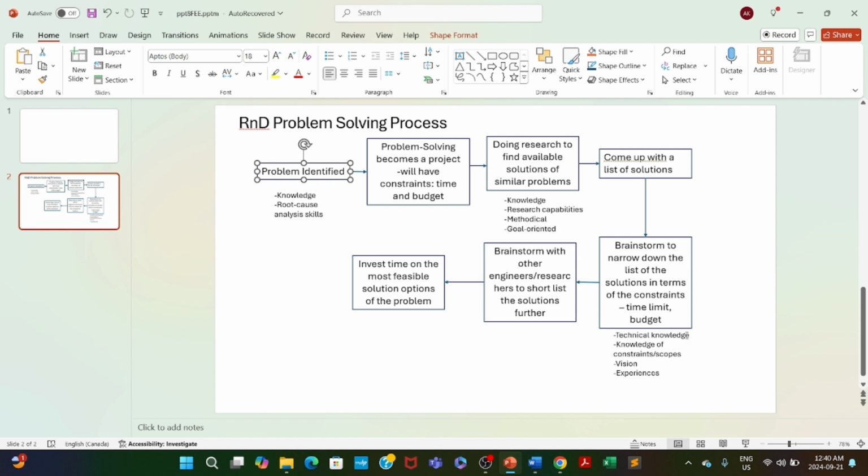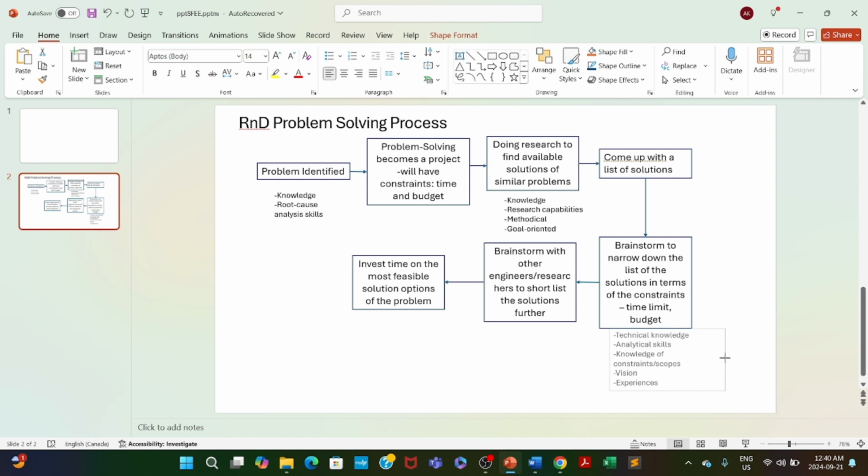So yeah, technical knowledge, and obviously we can add analytical skills. We would require analytical skills as well. And then we need knowledge of constraints or scopes.